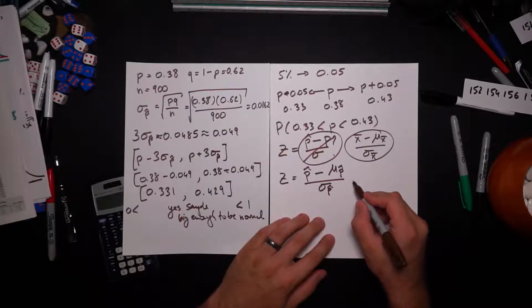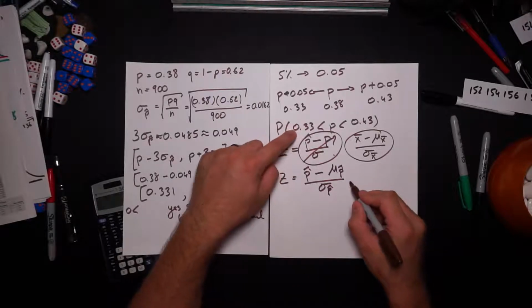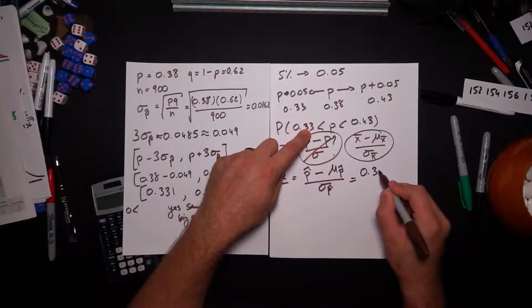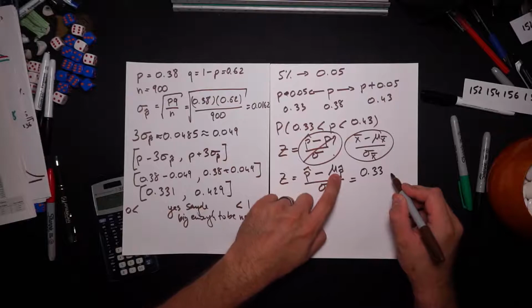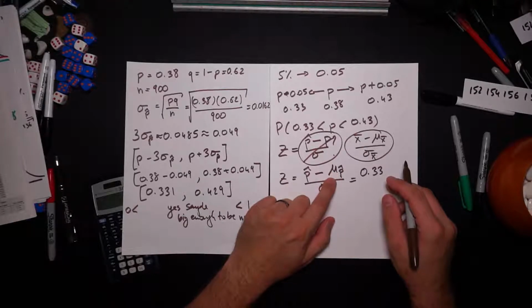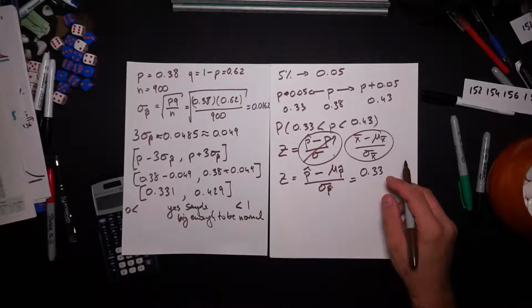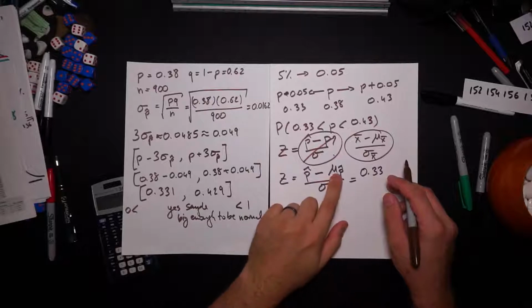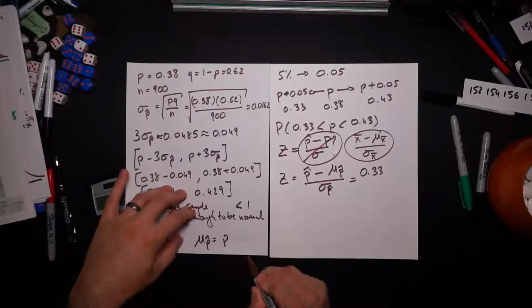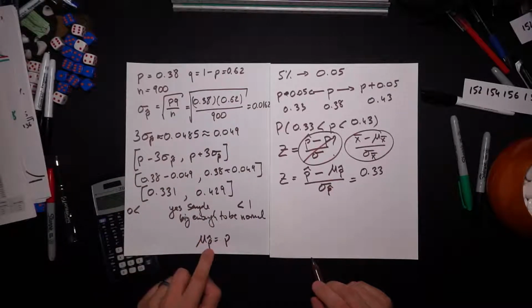So what do I get? If I do this for the first one, this is our sample, so this minus mu of P hat. Mu of P hat is exactly the same as P. We talked about this idea that mu P hat is exactly P, just like mu of X bar was mu.